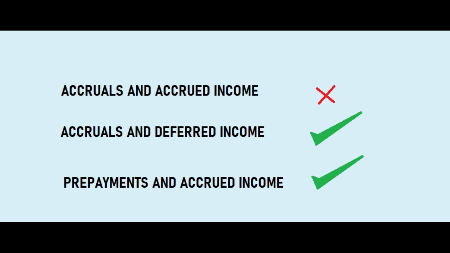So if you remember that rule, you'll always know that accrued income is not a creditor, it is a debtor, and it can only ever go with prepayments. So you can only ever have prepayments and accrued income and accruals and deferred income. So just always remember that, the double A rule. 2 A's cannot go together. And if you remember that, then you should be able to go a long way with this.